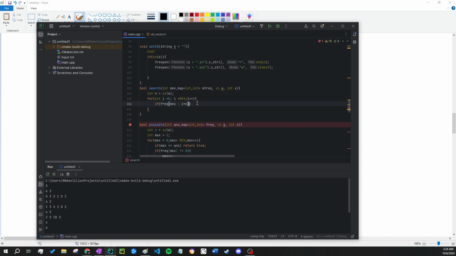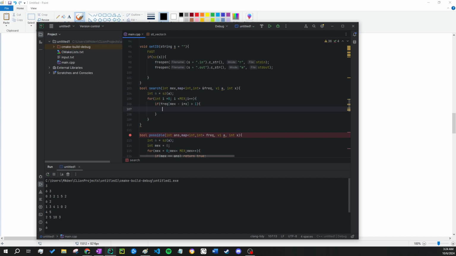Now, if its value is greater than 1, because we need another instance of it right now. If it's not greater than 1, right? We keep going forward. So if it's greater than 1, we basically remove the one we're going to.